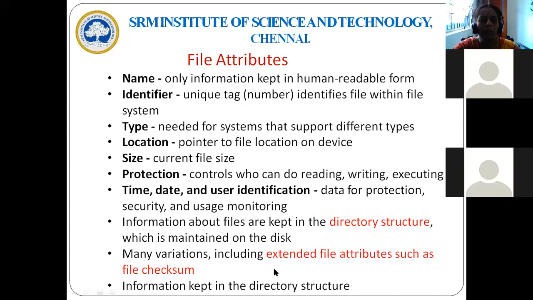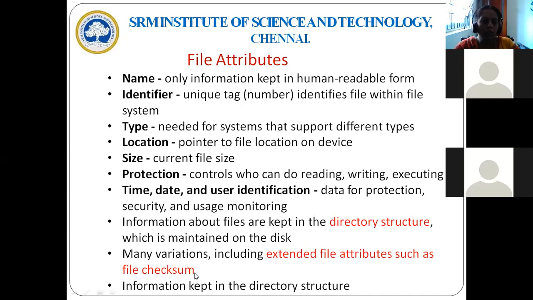And then one more: the file information can be extended with a checksum. The checksum is used as an error code. You could have seen that in the networking subject. With the checksum we can check how many bytes, for example, are stored in the file. Once it has been retrieved by the user, you can check the checksum. If it is correct with what we have given, then the file is reaching the destination without loss.